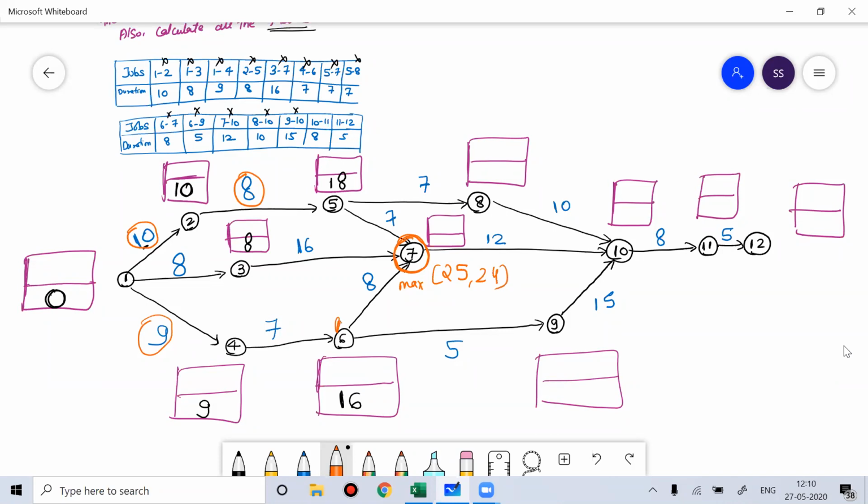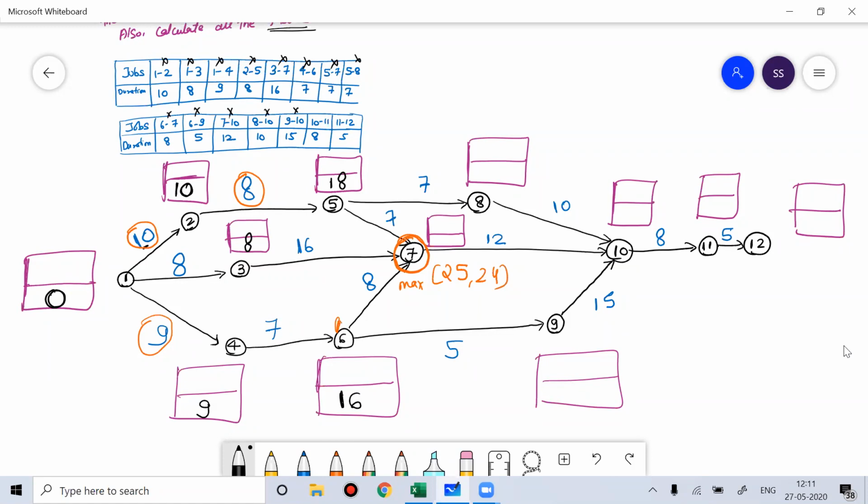So 6 to 7 is over in 24 hours, but 5 to 7 is getting over in 18 plus 7, 25 hours. So you have to understand when you can start working on node 7.